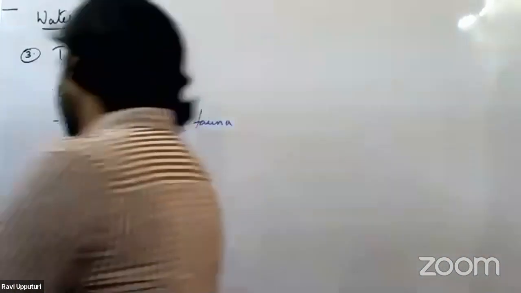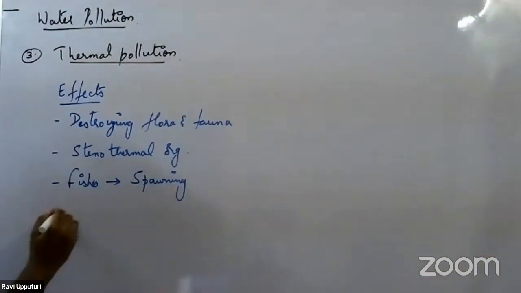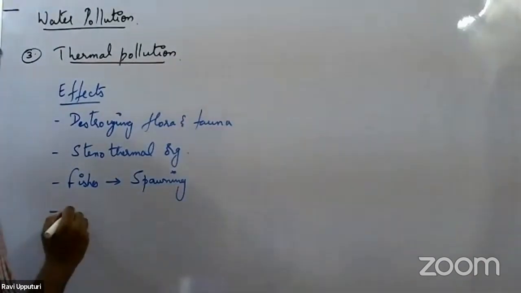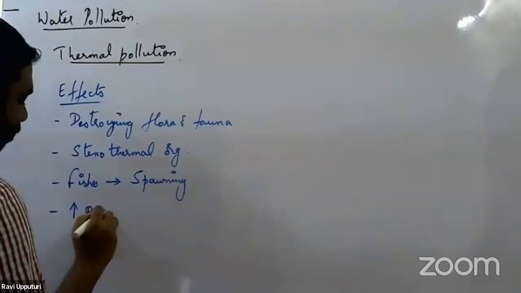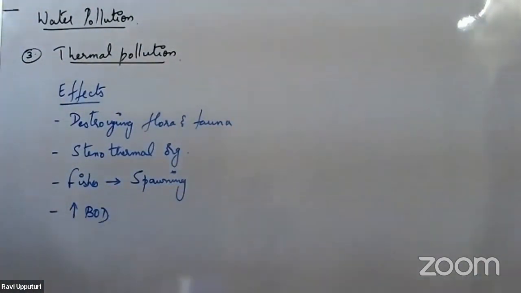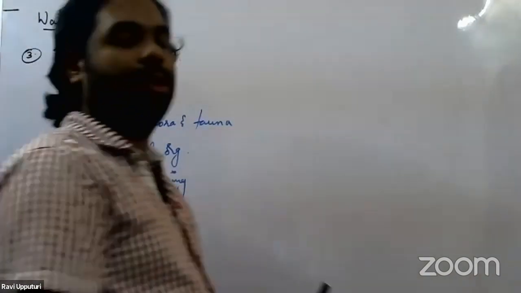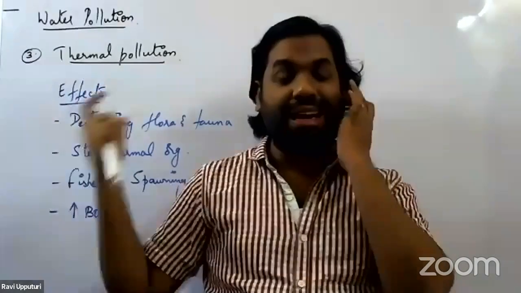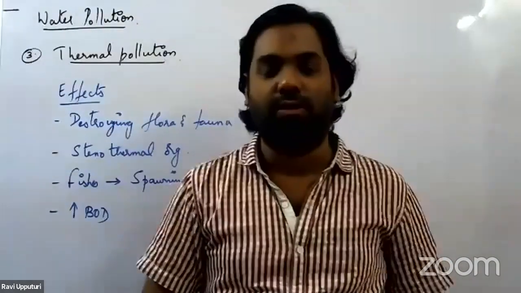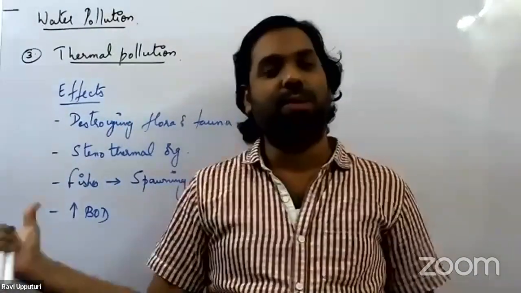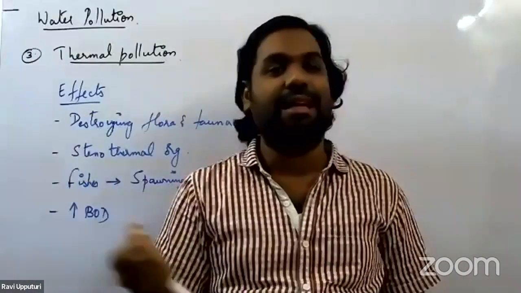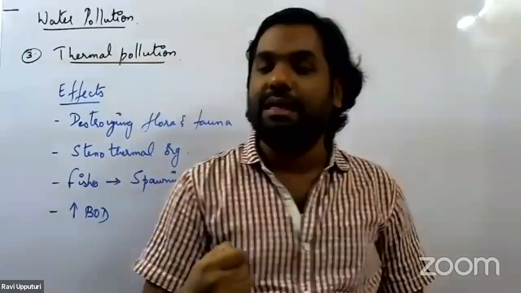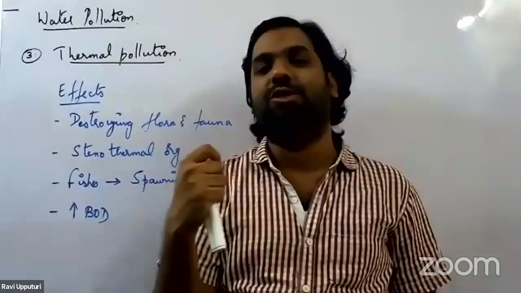One more thing that happens here is high temperature water will start increasing the BOD levels. We know what BOD is because in the previous session we were discussing BOD, the biological oxygen demand. High temperatures would increase the BOD. Now we know what happens if BOD is increased. The DO levels, that is, the dissolved oxygen levels, will start decreasing.